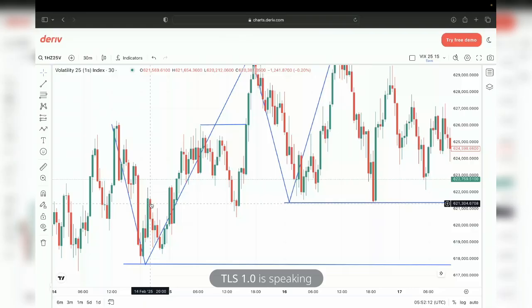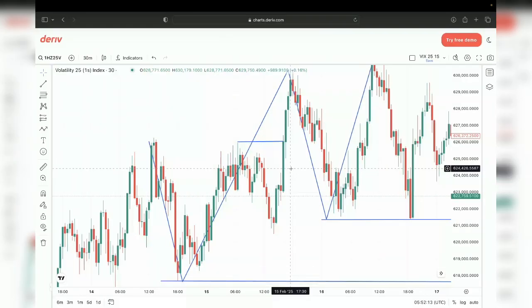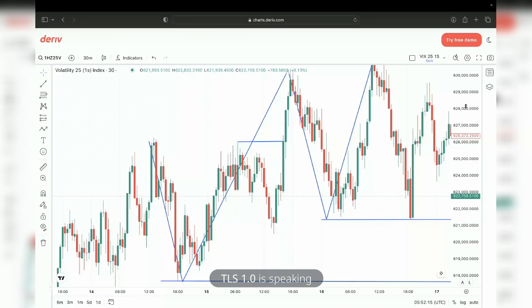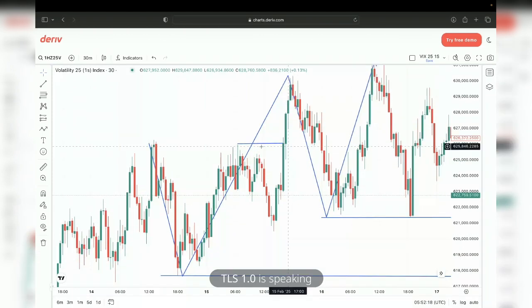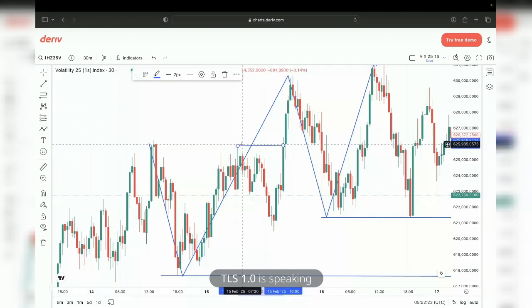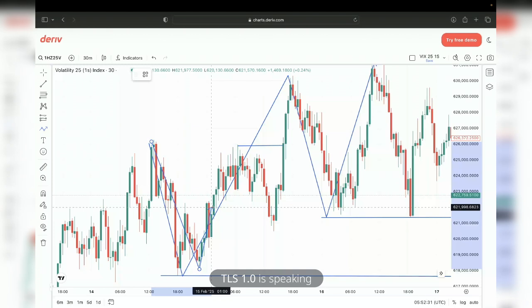Now let's give it the benefit of the doubt that this high is an internal breakout structure inside here. Now, what happens to this place? Where is the breakout structure here? Obviously this one did not get to this high. It did not get there.